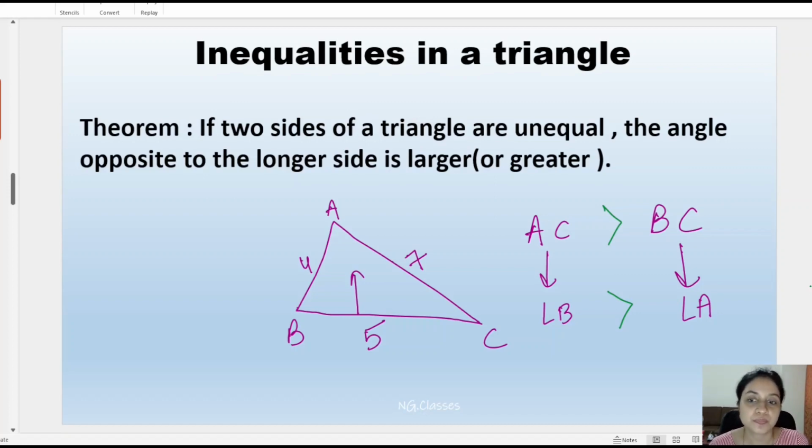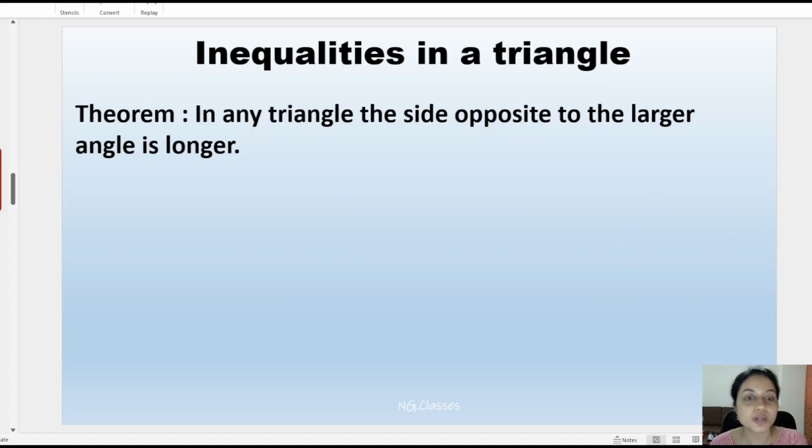Alright. Now we have one more theorem, which says in any triangle the side opposite to the larger angle is longer. This theorem is just the converse of the previous theorem.